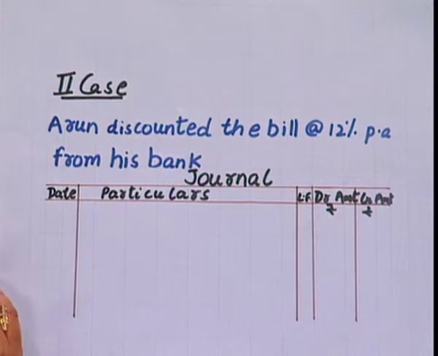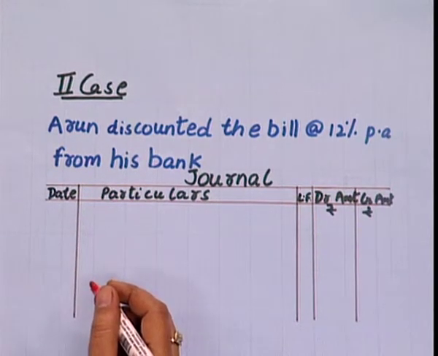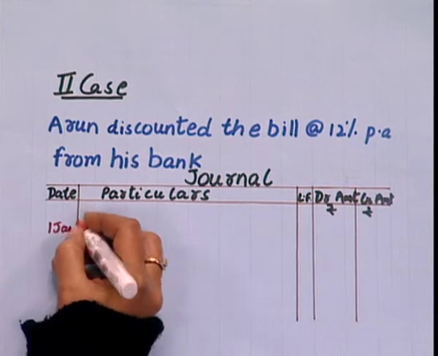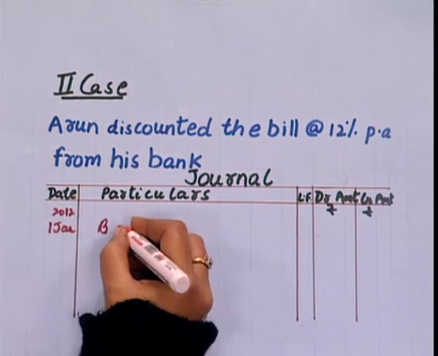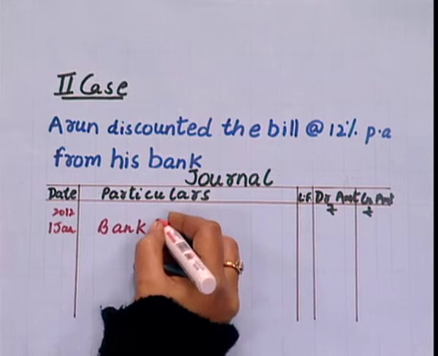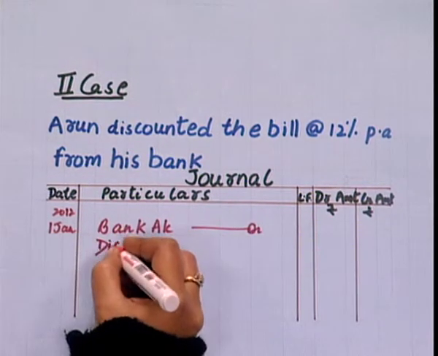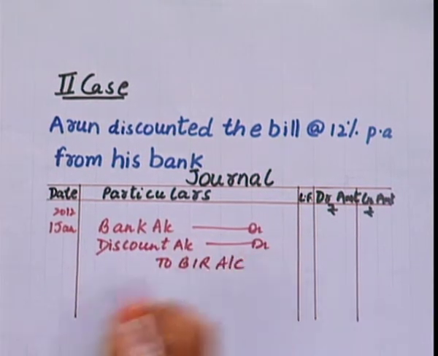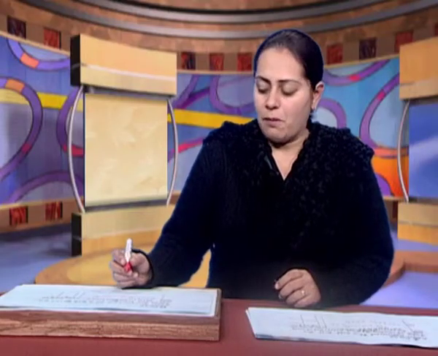So, the entry for getting the bill discounted will be, assuming that he has got the bill discounted on the same date on which he has received the bill, that is 1st January 2012, bank account debit, discount account debit to bill receivable account. The narration for this will be being bill discounted from bank.